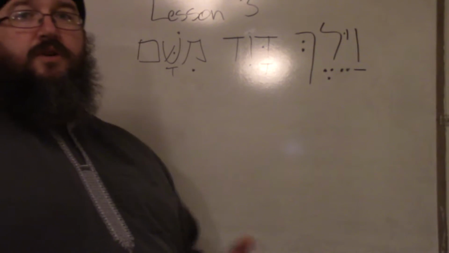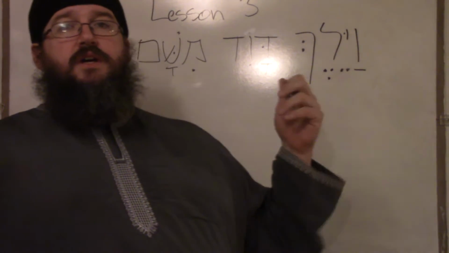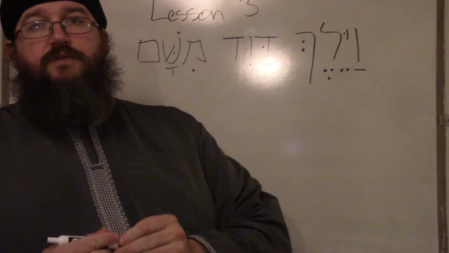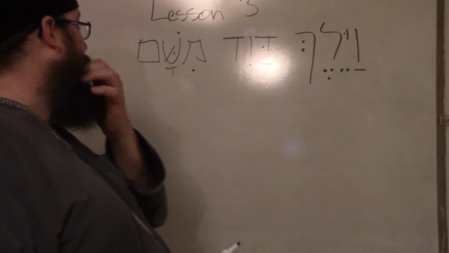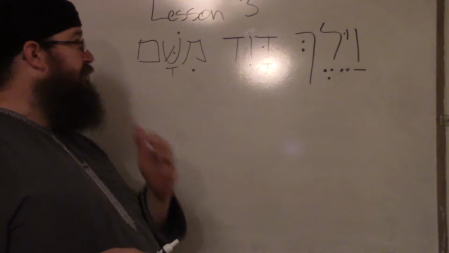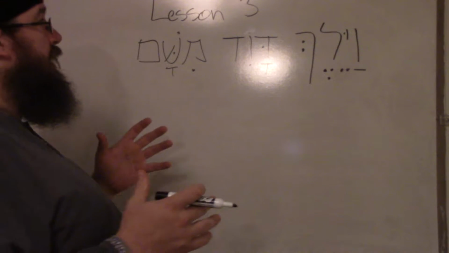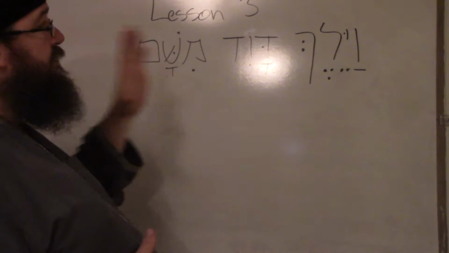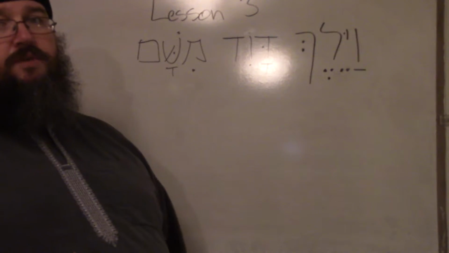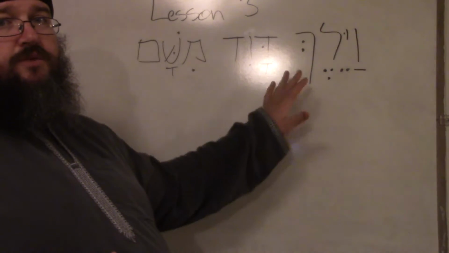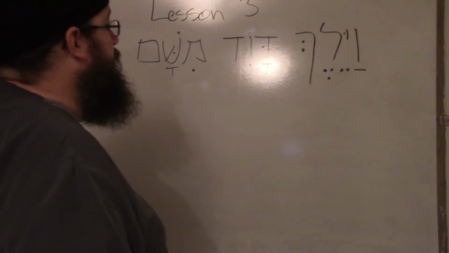Here in lesson number 3 we're going to be focusing on understanding more about our verbs, and we're going to be talking about many aspects of how to find verb roots. And we'll start with this one. This is a perfect example here.